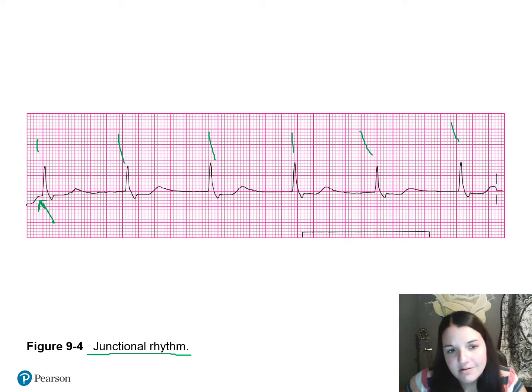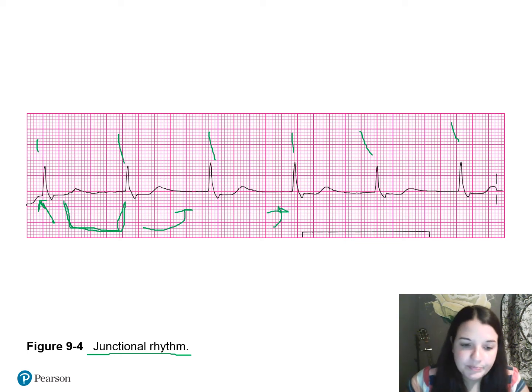And also notice this rhythm here, especially right here, if you were only looking at this one section, you might assume that this was atrial fibrillation, right? It's wiggly and vibrating. But if you look at the rest of these intervals between beats, it's not as wiggly as that one.